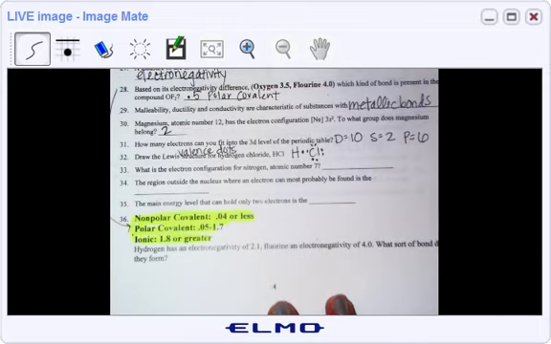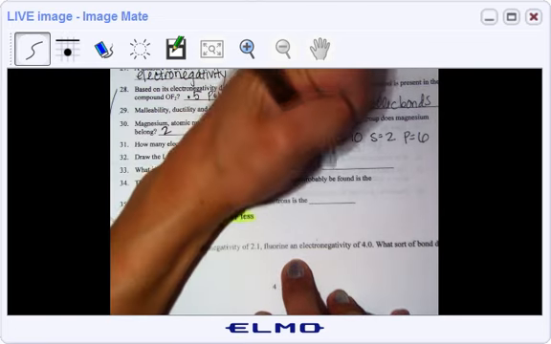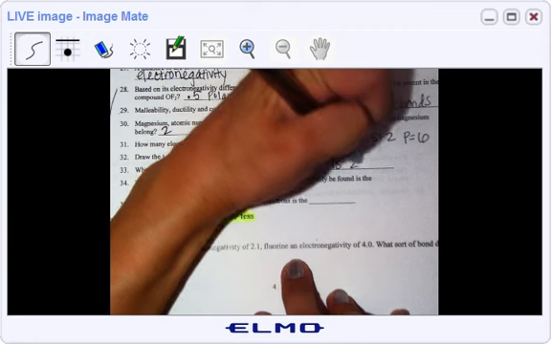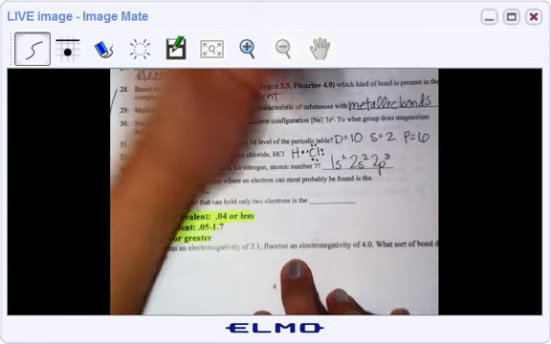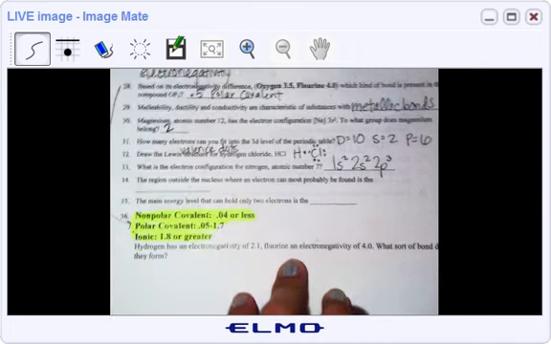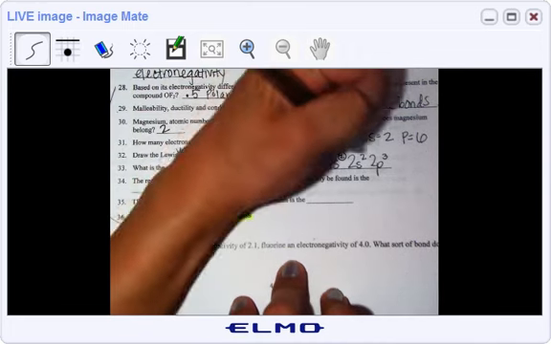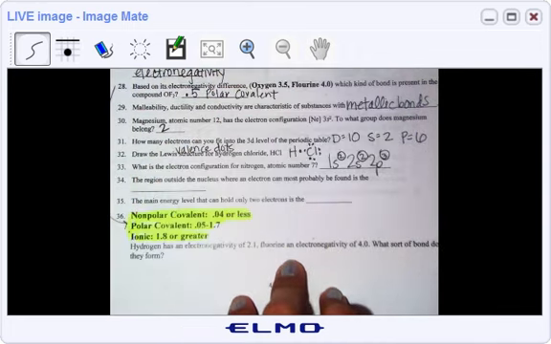Number 33, what is the electron configuration for nitrogen? We did that when we did the box orbitals. 1s2, 2s2, 2p3. The atomic number is 7. These little numbers that look like exponents should add up to 7.